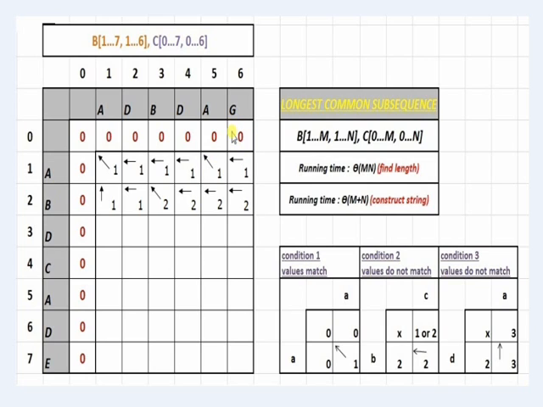Again we are going to fill the entire array, or you can say both the arrays, in row major order. So first we fill one row completely, and then we move towards the next row. In this case we are now at the second row.